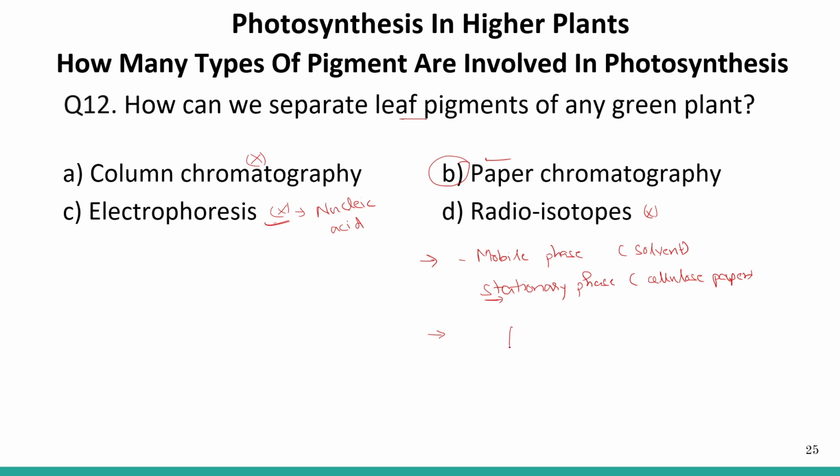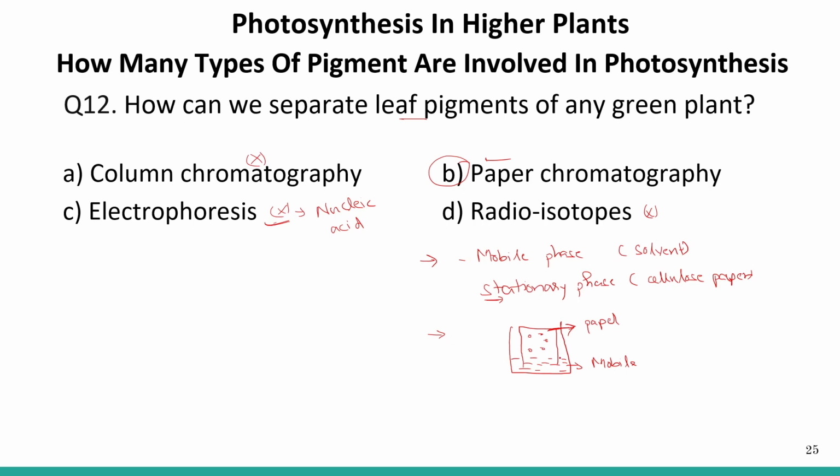So this is how the pigments are separated. Suppose this is the stationary phase, which is the paper. Here we have the solvent, which is the mobile phase. This is the cellulose paper. In this solvent, pigments are dissolved, and what will happen? It will form spots like this, different color spots.